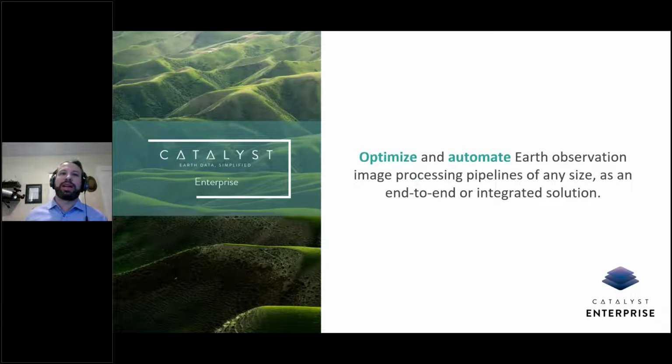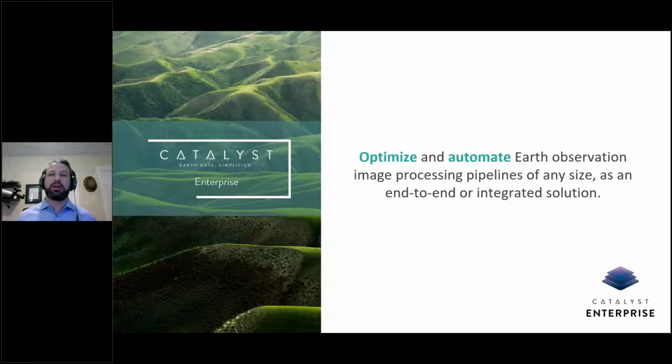Very quickly on Catalyst Enterprise. This is designed to optimize and automate Earth observation image processing pipelines of any size. One of the key concepts I'd like everyone to understand is that it's not just designed for large batch processing. It's designed for any size of repeatable processing, where you can perform a repeatable workflow using Earth observation imagery.